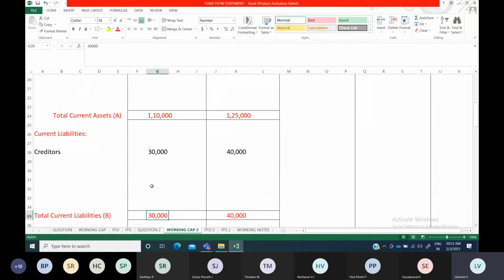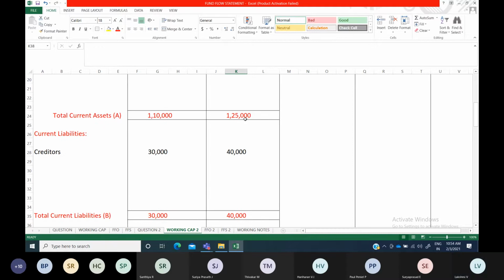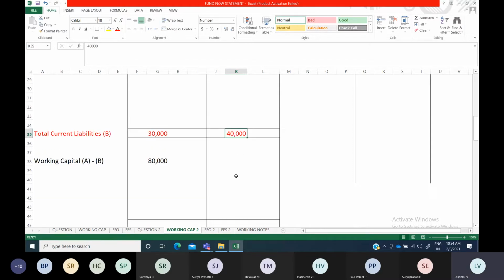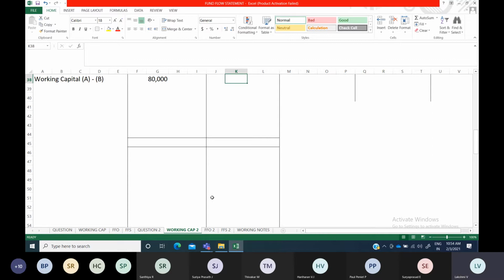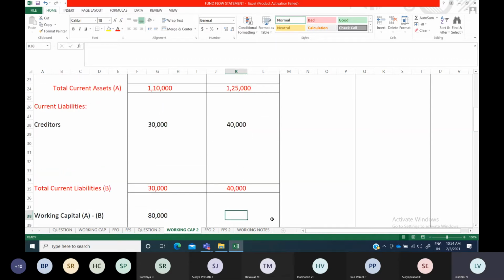If you do A minus B, how much you are getting? 80,000. Similarly, 1,25,000 minus 40,000. Just find out how much you are getting. Ma'am, 85,000.